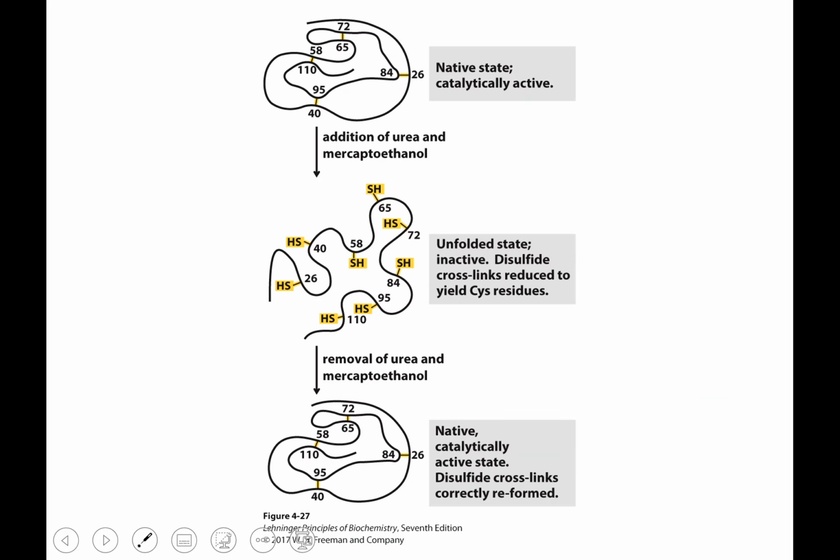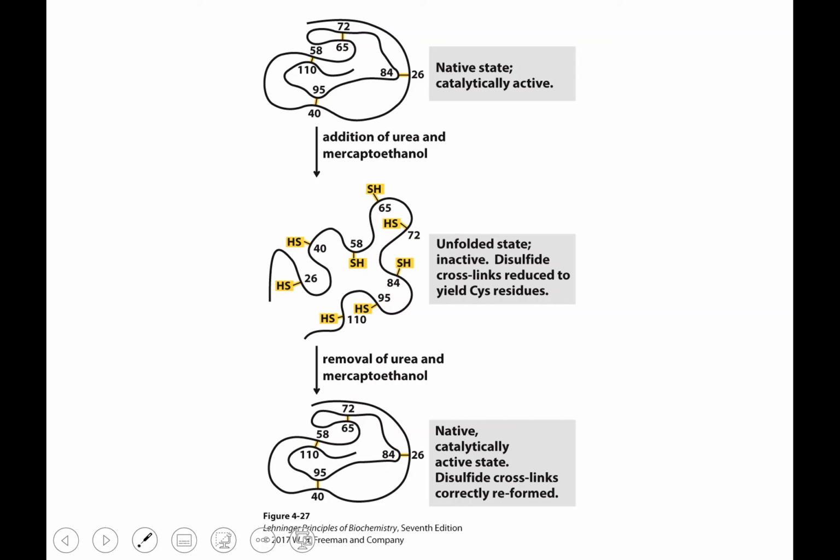Okay, so this is the figure depicting this experiment. This is our native state that's active. We unfold it and remove the disulfide bonds, so it's disordered. When you remove the urea and mercaptoethanol, it folds back into the native state with the exact same 4 disulfide bonds.